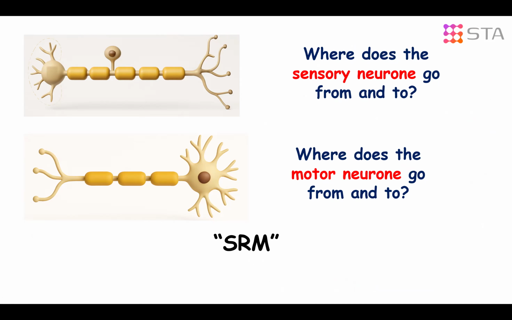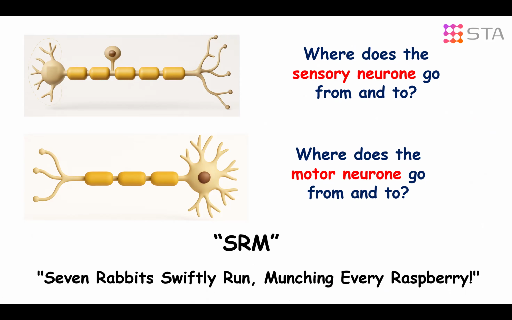And if you want a silly sentence or mnemonic in order to remember the whole pathway: 7 rabbits swiftly run, munching every raspberry. Have a think what that might stand for. S for 7, or stimulus.